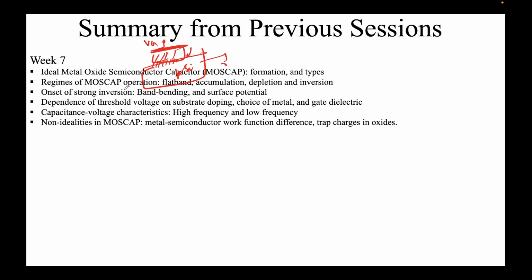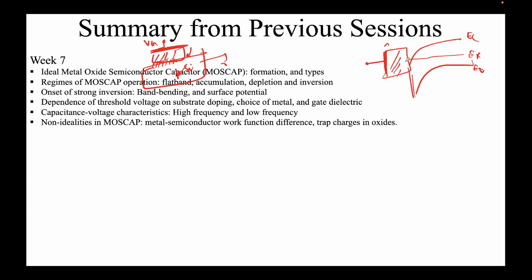Then we saw various things like the threshold voltage, which is the voltage at which this inversion kicks in. Let me just draw a diagram over here. This is the metal, this is your oxide, right, and this is the Fermi level. Band bending will look something like this: EC, EF, and EV.